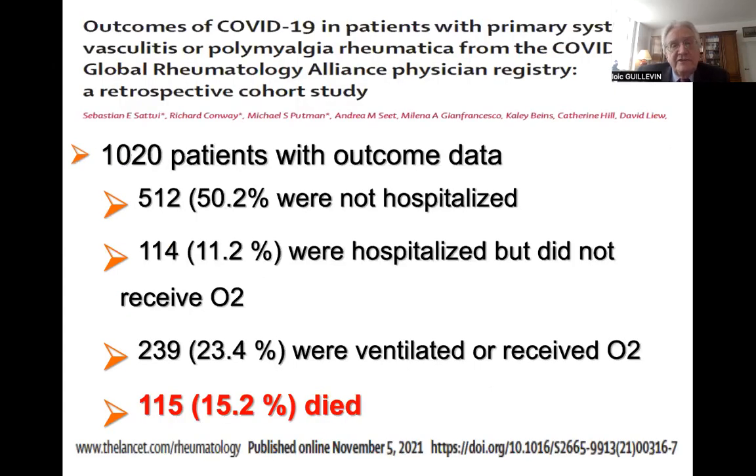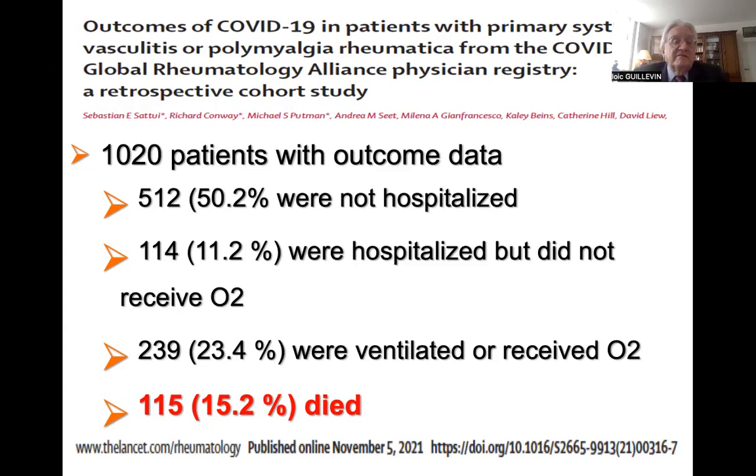And I would like to finish this talk with this slide. These slides are on COVID-19. COVID-19 kills patients, we know that, but it kills also our vasculitis patients, and not only the ANCA-associated vasculitis patients, but here it is deaths also in GCA patients.